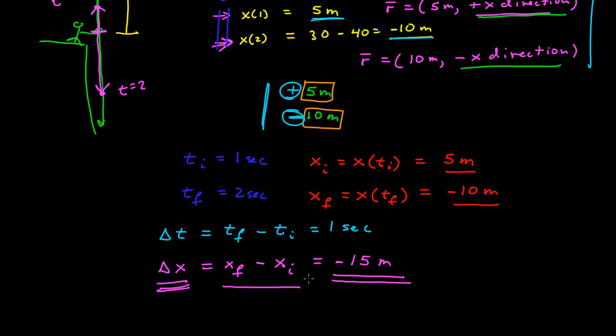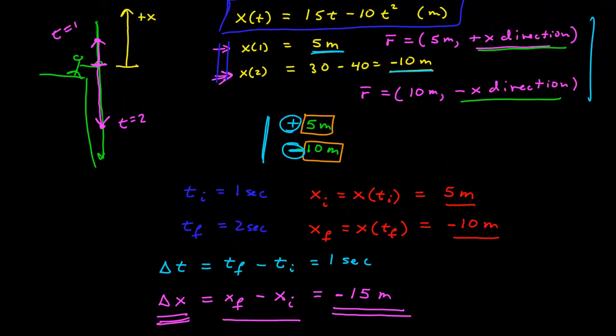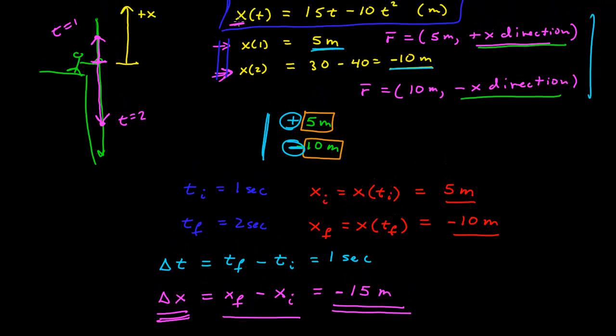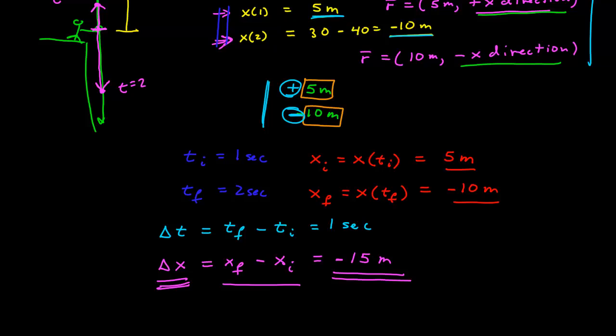And so one of the key things I want to point out here is this distinction between x, which is the vector function of time, t, which is an independent variable, it can be any time, as well as when we decide we want to choose two specific points in time, t sub i, t sub f, which gives us two specific positions, x sub i and x sub f.